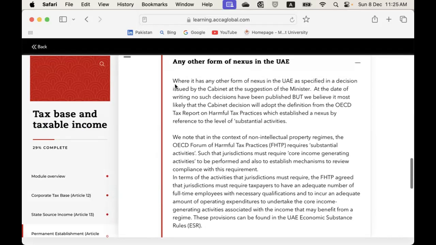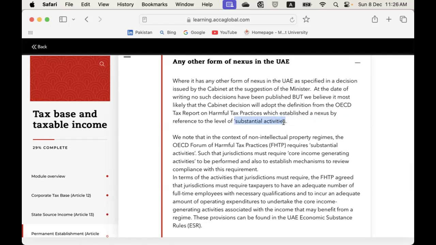Why did this all come? Actually, it is a discussion of nexus, where any other form of nexus in the UAE is specified. At the date, no such decision has been published, but we believe it is most likely that the cabinet decision will adopt the definition from the OECD tax report, which established the nexus by reference to the level of substantial activities.